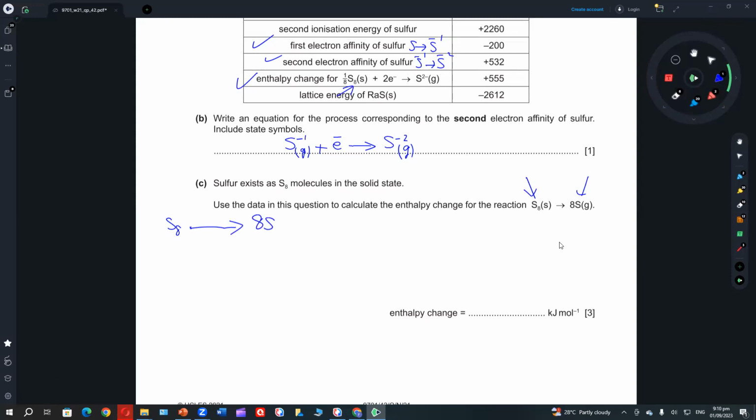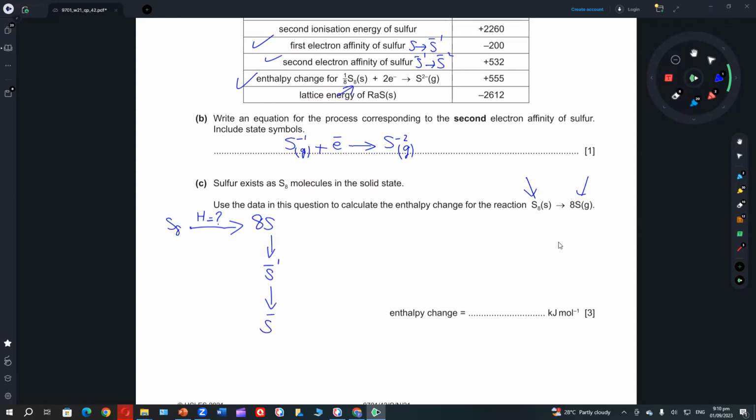This is the reaction for which I need to find the H. If I now make a loop and I make sulfur to S minus, sulfur minus 1 is further ionized to give me S minus 2.